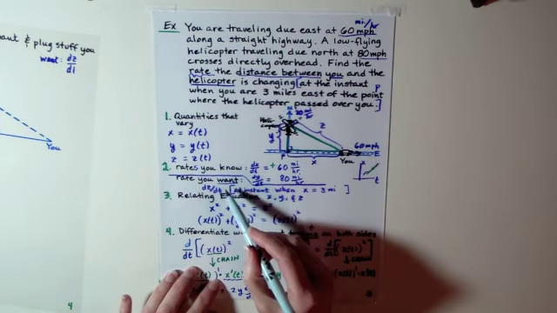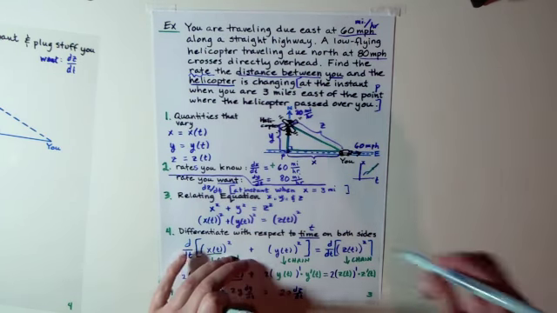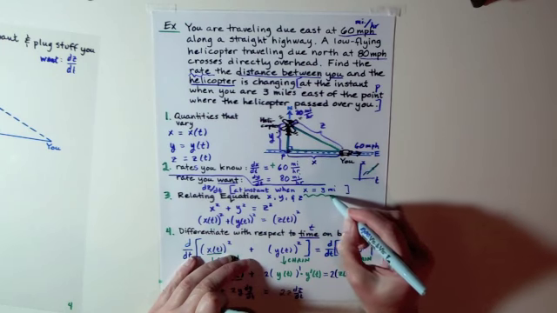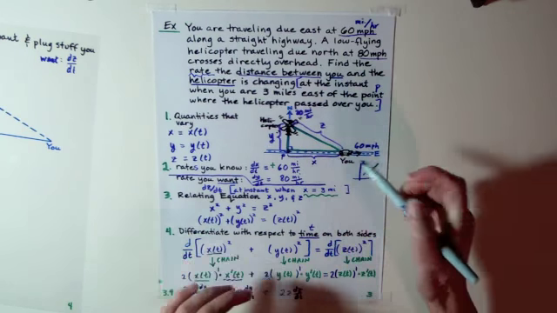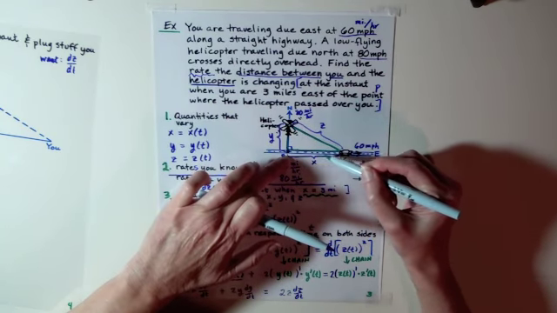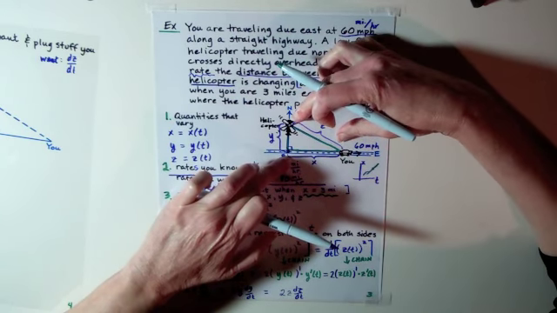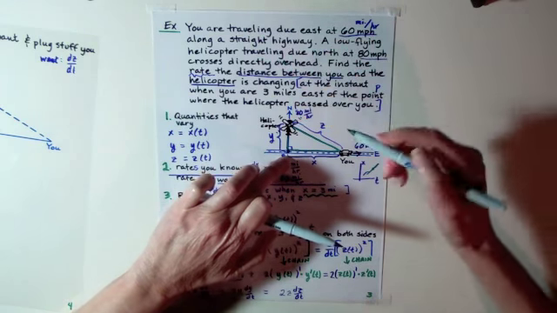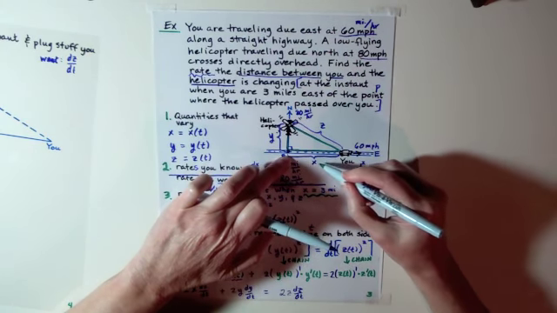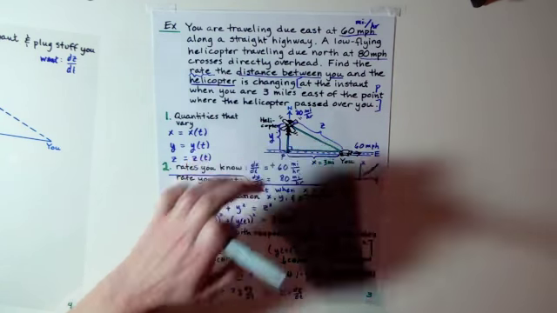The rate we wanted was dz dt, and we wanted it at the instant that x was equal to 3 miles. So you're moving in your car along here, x is different values. We want to know how fast is the distance between you and the helicopter changing at the instant in time that x is equal to 3 miles. So we want it at that instant in time.